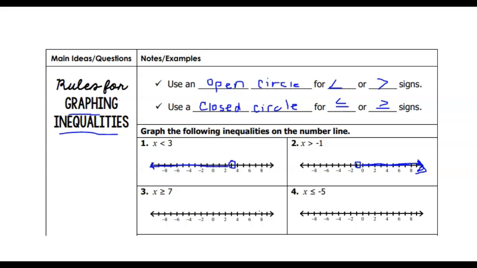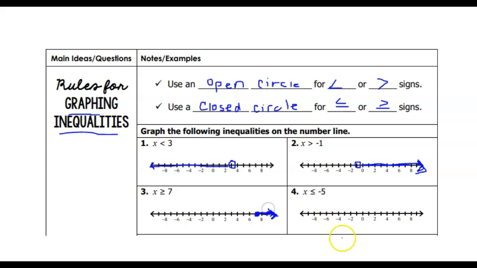Why? Right. It's the greater than or equal to sign. Good job, both of you. Absolutely. So this time it's a closed circle. And Alejandro, am I shading left or right? I'm shading the right. Yeah, X is greater than 7.